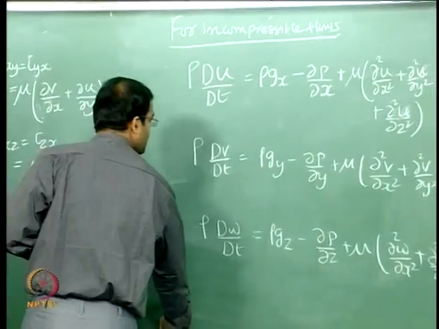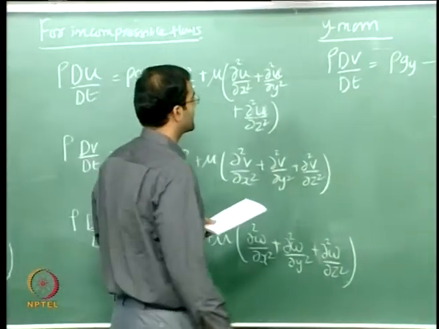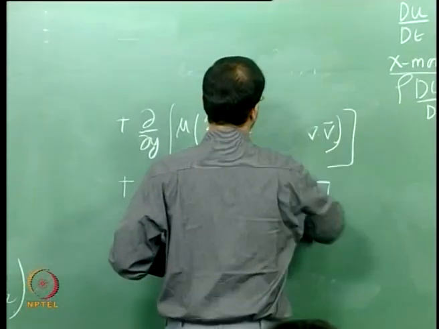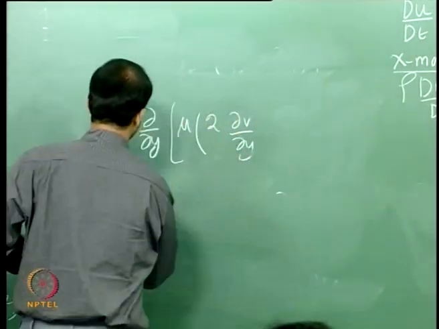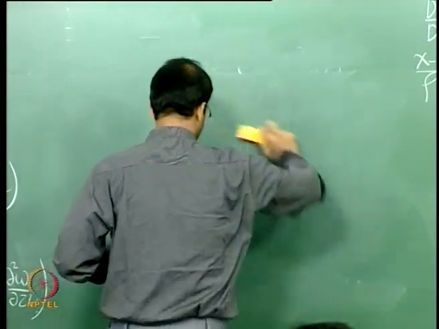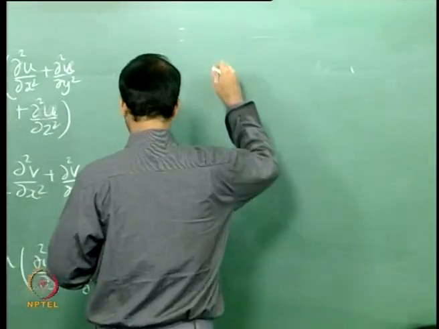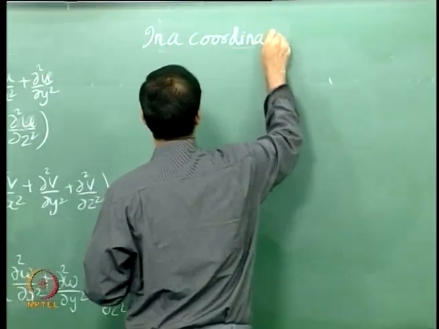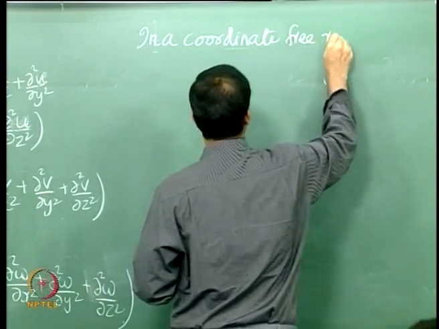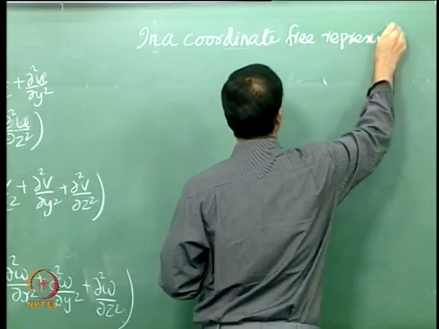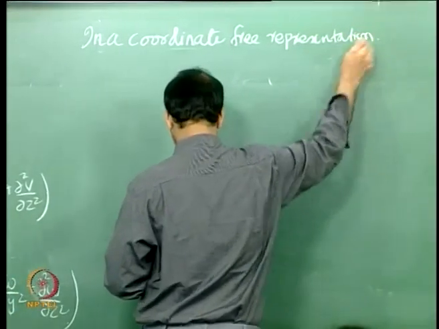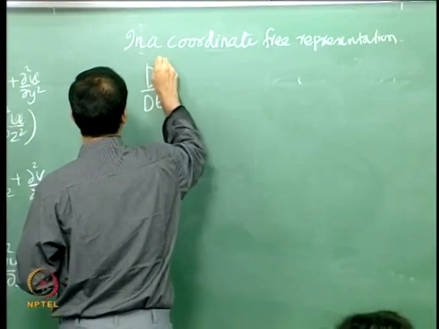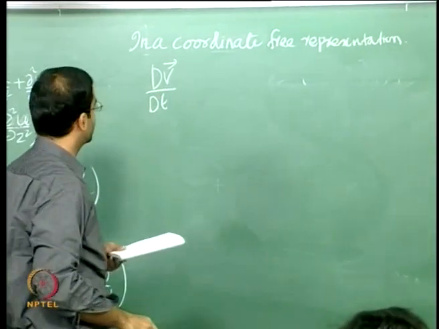We can also write this form in terms of a coordinate free representation. That is what we want to do if you want to apply this in all the coordinate systems. So in a coordinate free representation, we can write this as dV by dt, and V is a vector here indicating velocity in any direction.